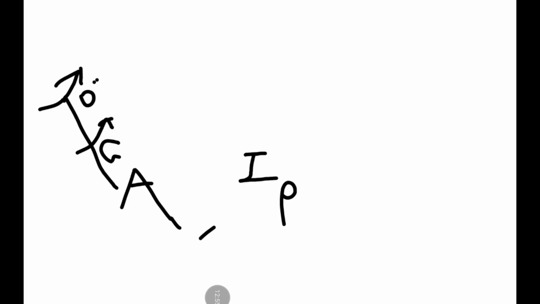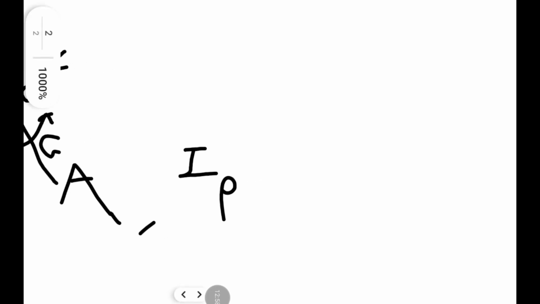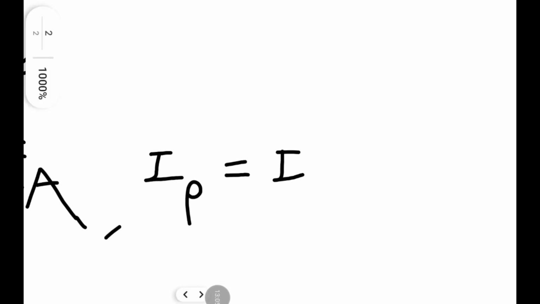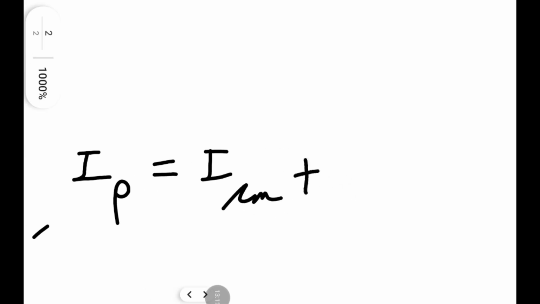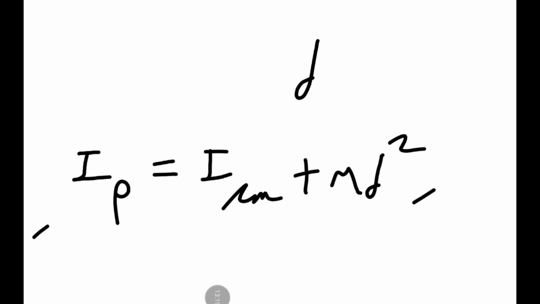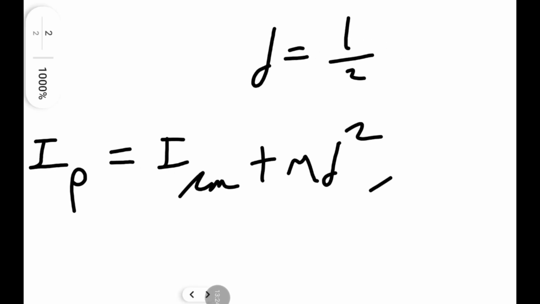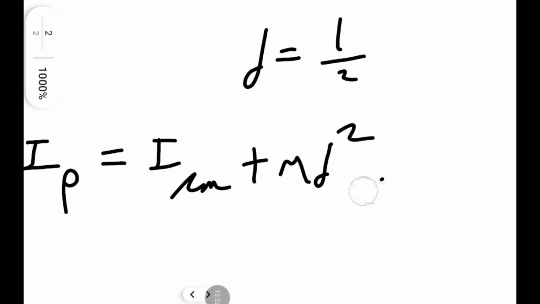That is equal to the moment of inertia around the center point, plus md squared, where d is the distance that the pivot is from the center. And we know d, because the center's halfway through, is going to be L over 2.